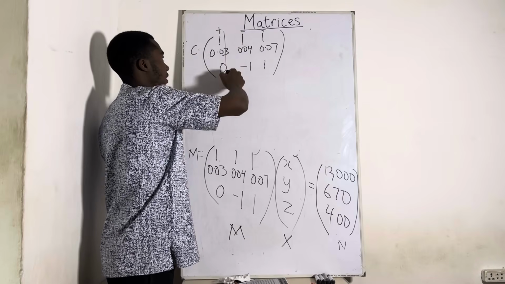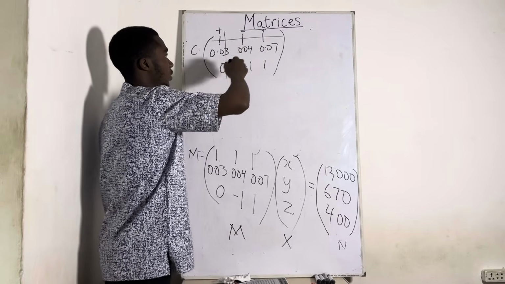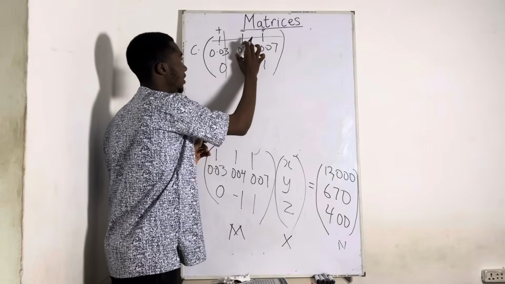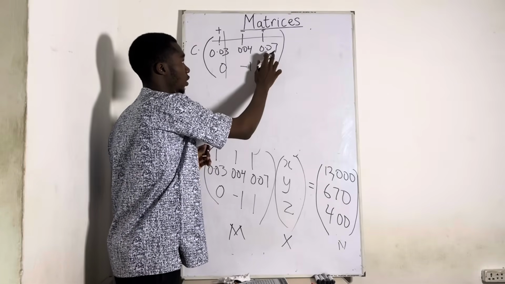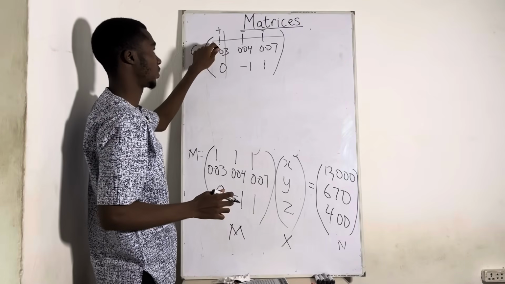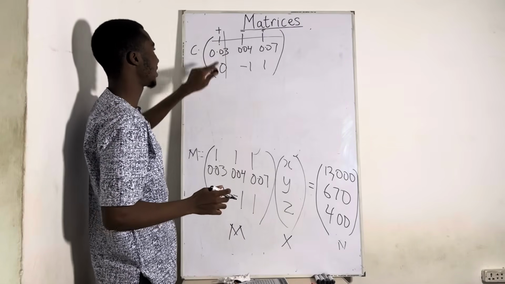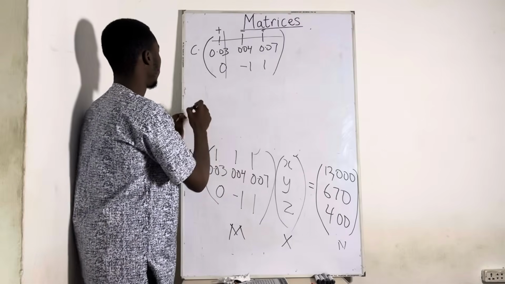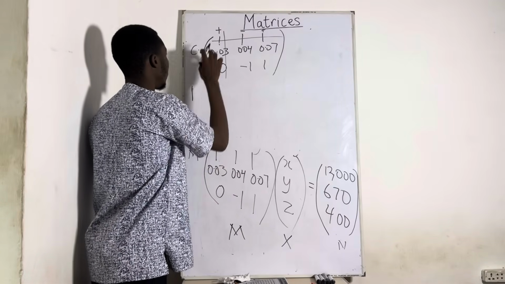So it's something like this and this. You get it? So now all this has cancelled. So it's now left with 0.04, 0.07, -1 and 1. They are not on the same row and column as this one. You get it? So now it's going to be 1 times whatever is left.